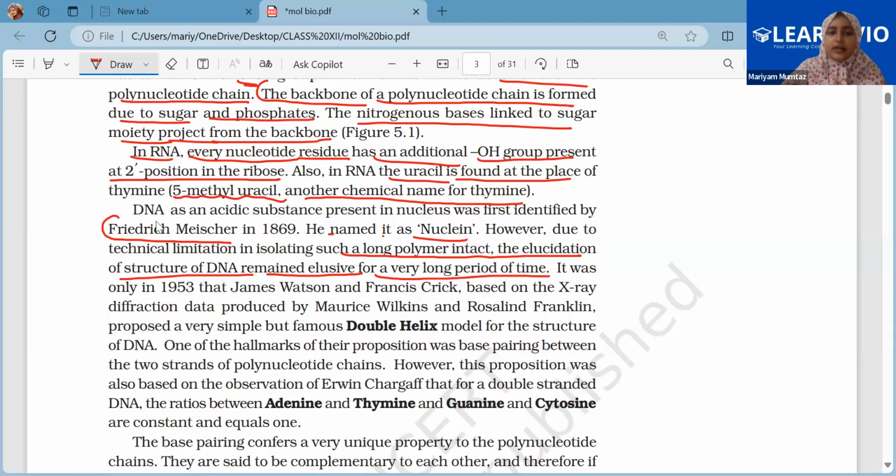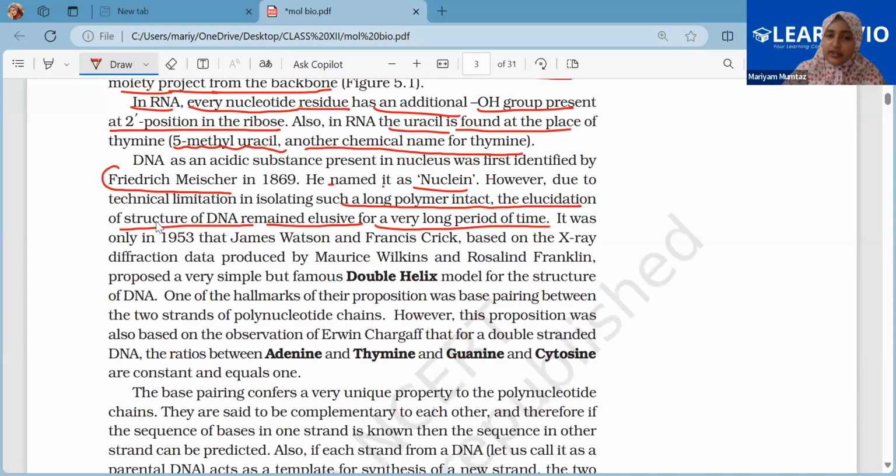It was only in 1953 that James Watson and Francis Crick, based on the X-ray diffraction data produced by Maurice Wilkins and Rosalind Franklin, proposed a very simple but famous double helix model for the structure of DNA. So who gave the double helical structure of DNA? It was Watson and Crick, very famous for it, and this is very important to know.